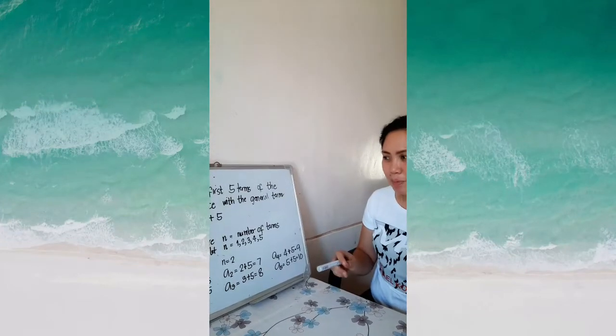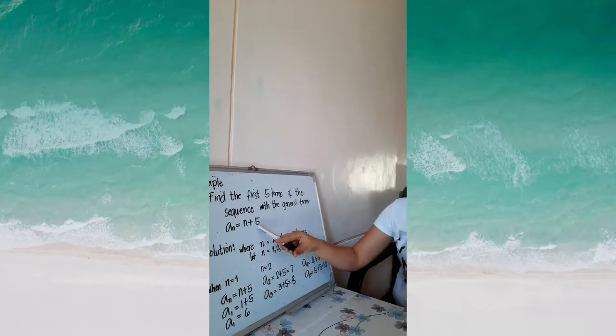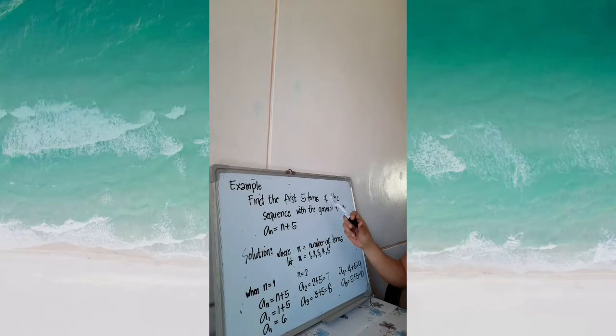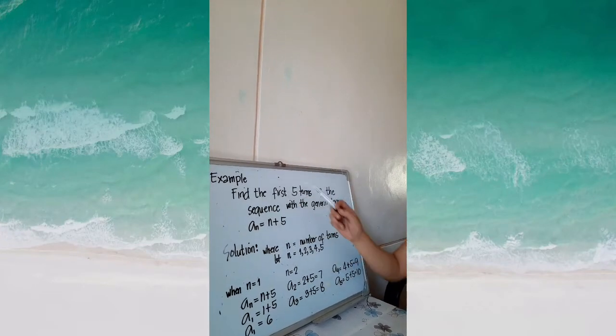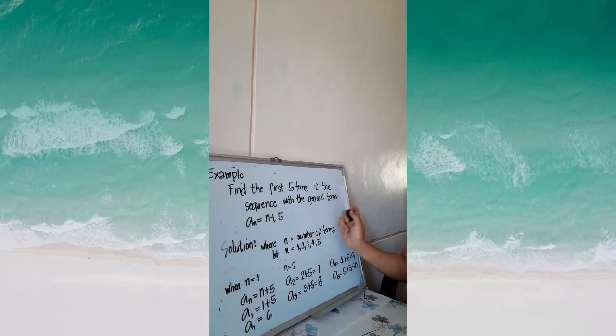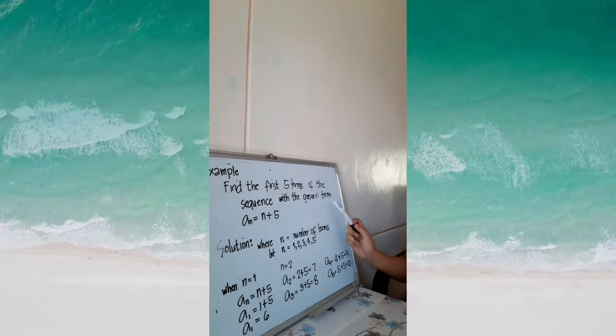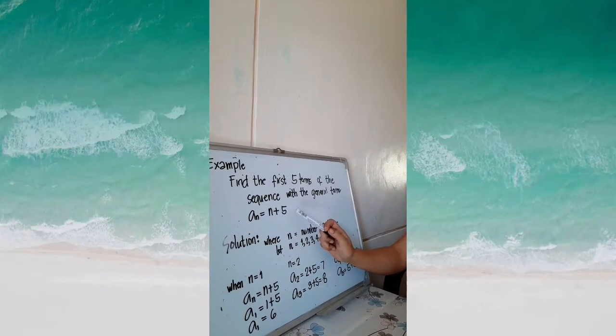So for example, if you are given a general rule and then you are asked to find its first 5 terms, first 20 terms, and so on, this is how we do it. Find the first 5 terms of the sequence with general term a sub n equals n plus 5.